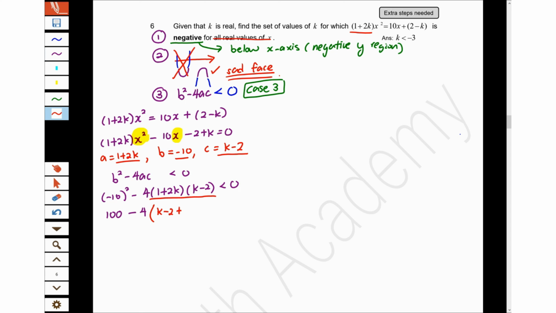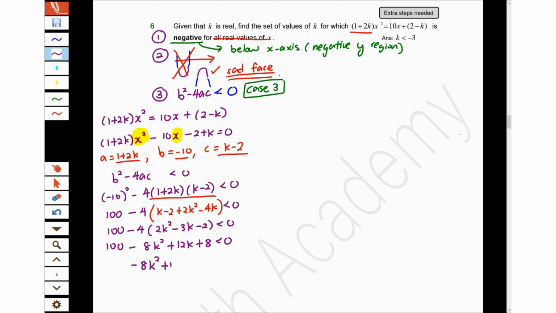Expand the 2 brackets: 2k squared minus 4k. I'm going to simplify the bracket first. So 2k squared minus 3k minus 2. Further expand out: negative 8k squared plus 12k plus 8.